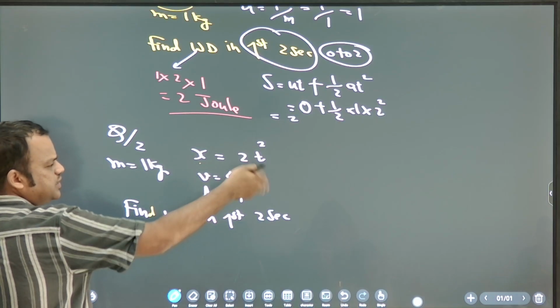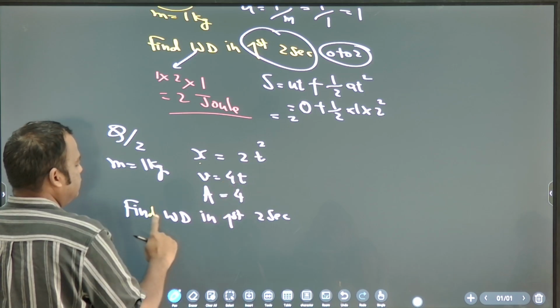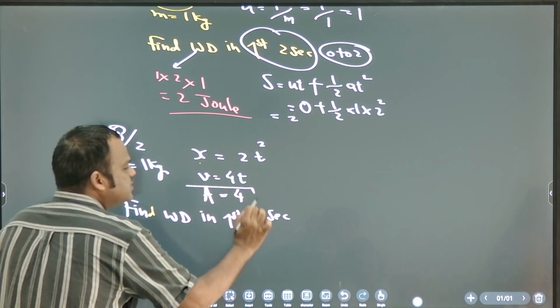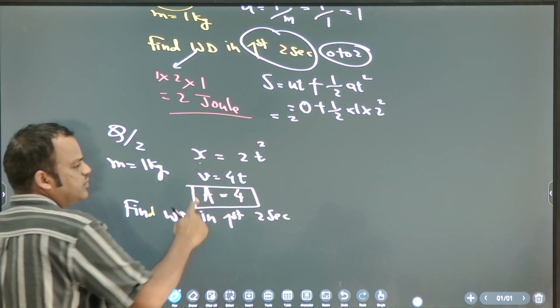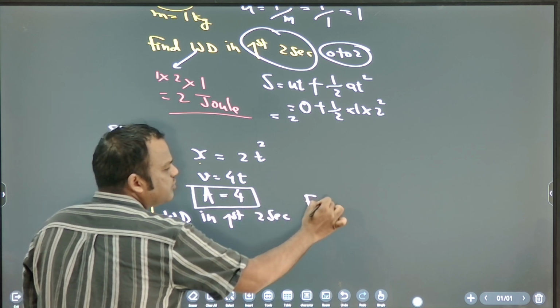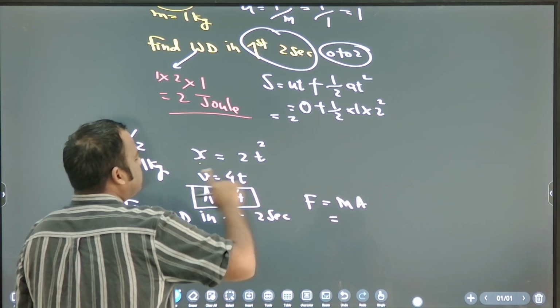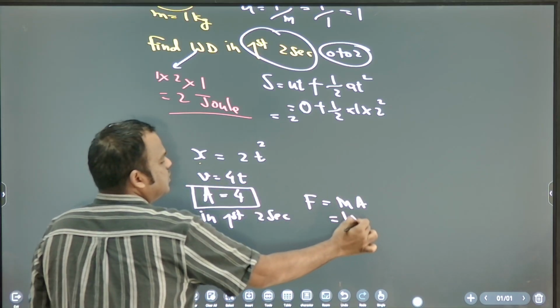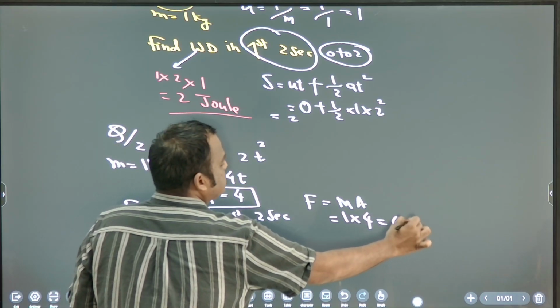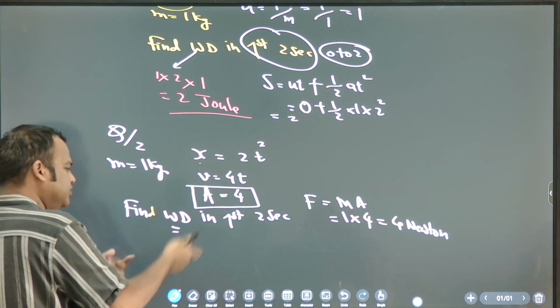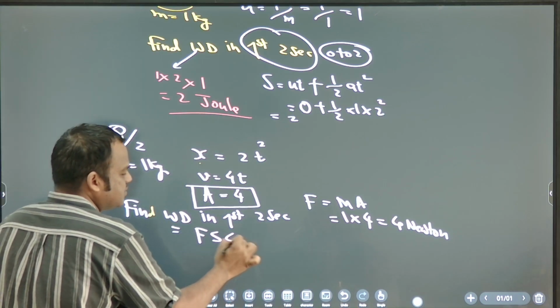So again you see acceleration is constant. What is the formula for force? Mass into acceleration. Mass is 1, acceleration is 4, so force is 4 Newton. So again you can use Fs cos theta.